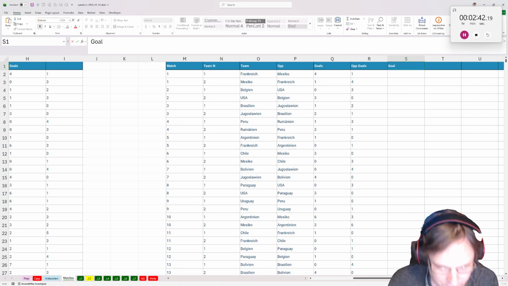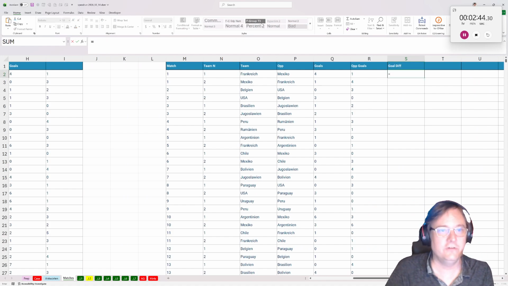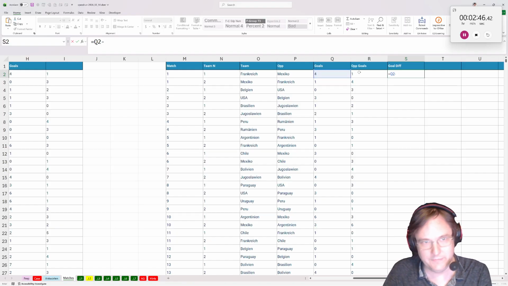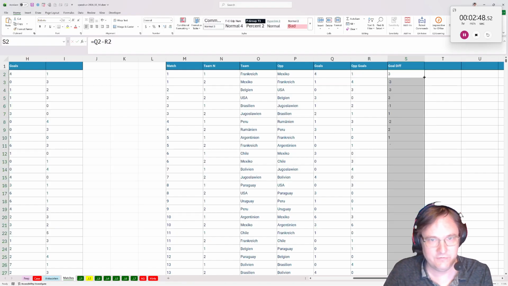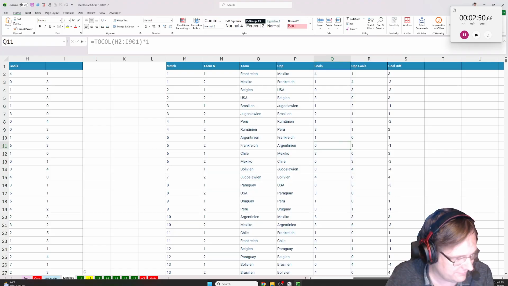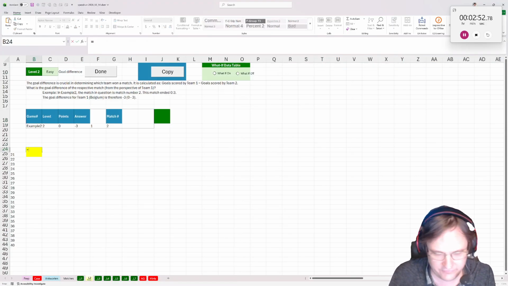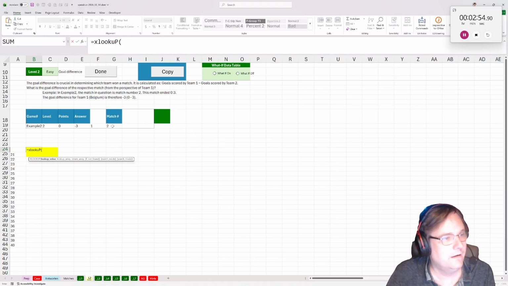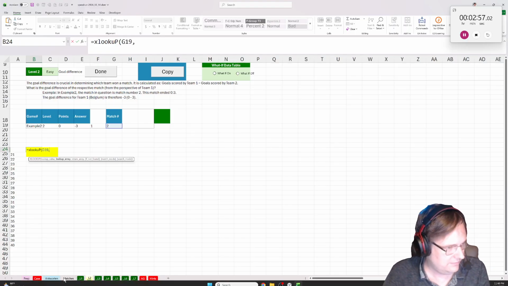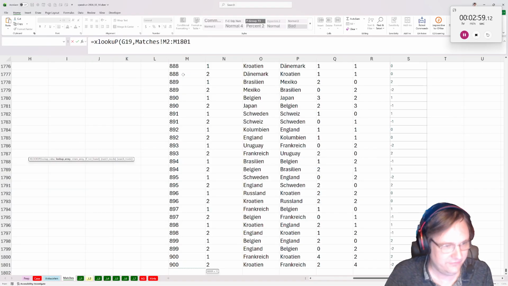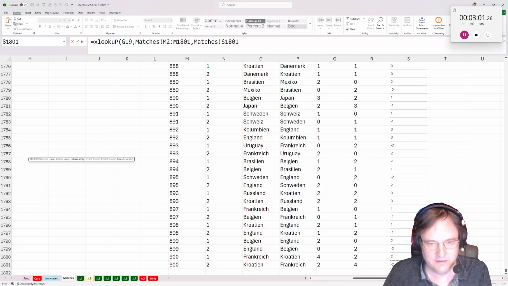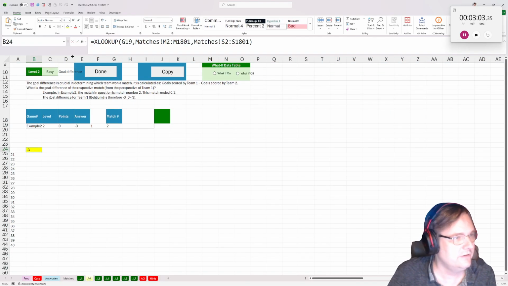So the one I'm working on right now is goal differential. This is goals minus opponent's goals, and from team 1's perspective, right? That'll just look it up first. So if I look up on match 2, match number, returning on goal differential.